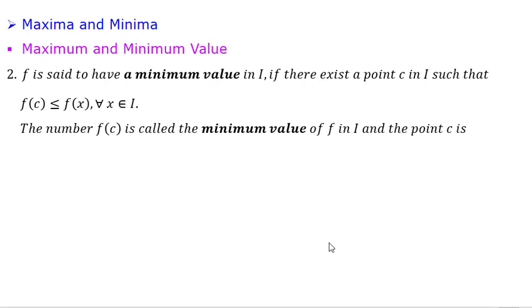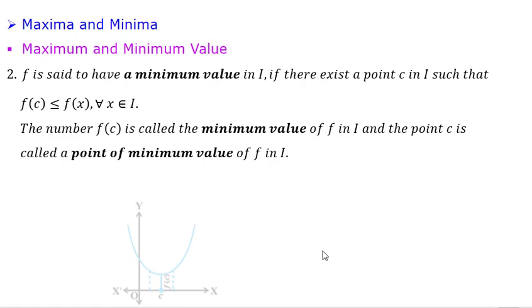Similarly, when the value of the function is minimum at point C for all values of x, then we say that f of c is the minimum value, and it is minimum at point C. So the point C is called the point of minimum and f of c is called the minimum value.